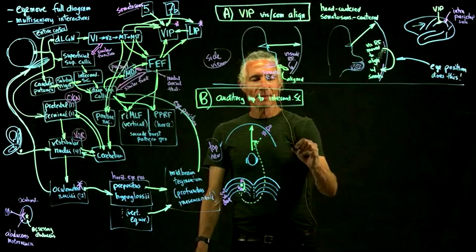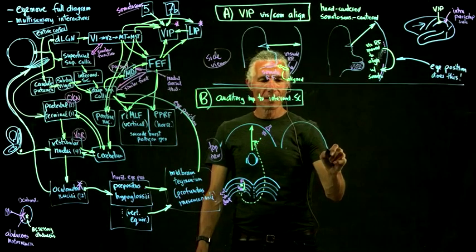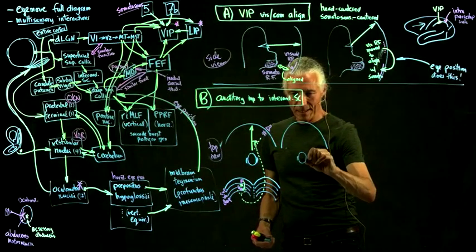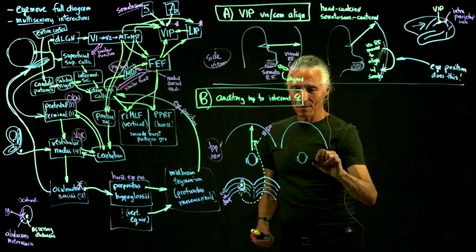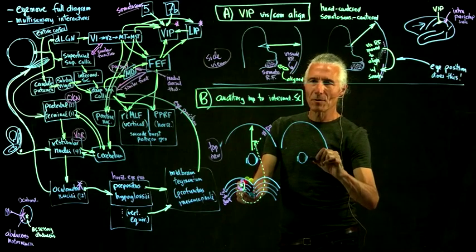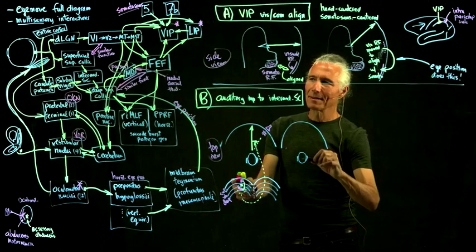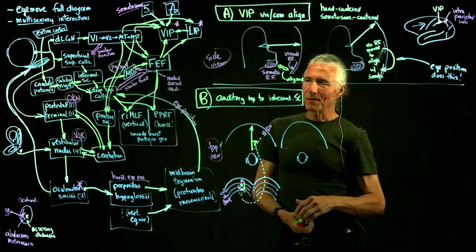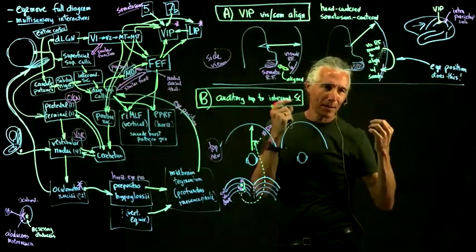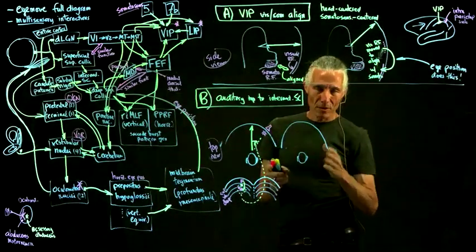So if the animal looks off to the side, here's the same thing. Same animal, its head is fixed, it hasn't changed its ears. The ears are what is being used to calculate what part of the intermediate colliculus, using our favorite phase ambiguity resolution by comparing time between the left and the right ears, or comparing amplitude, figuring out where something is in auditory space.